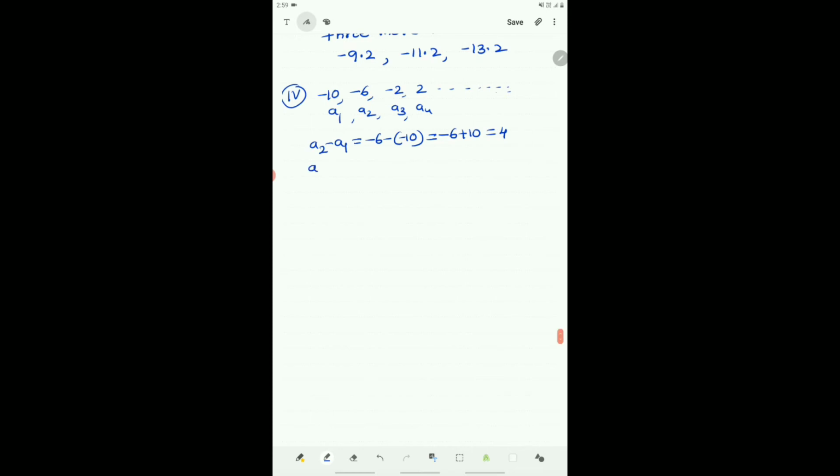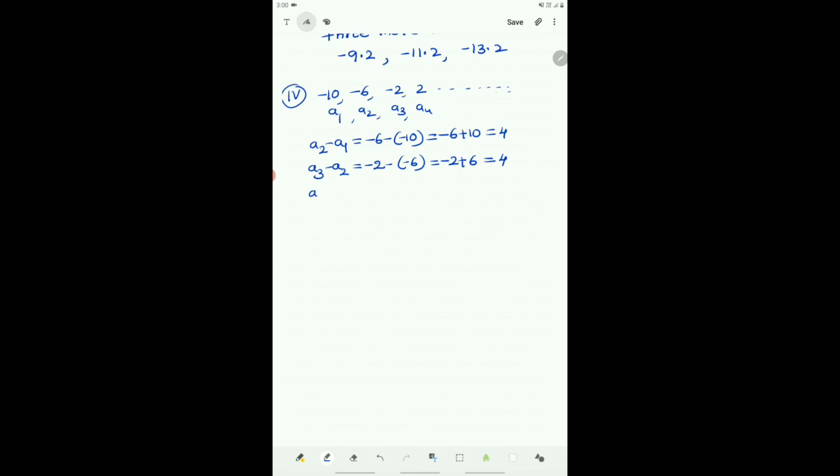Next, A3 minus A2. A3 is minus 2 minus A2 is minus 6. So it is minus 2 minus of minus 6. Write minus 2 as it is. Minus of minus, that is plus 6, is equals to 6 minus 2 equals to 4.